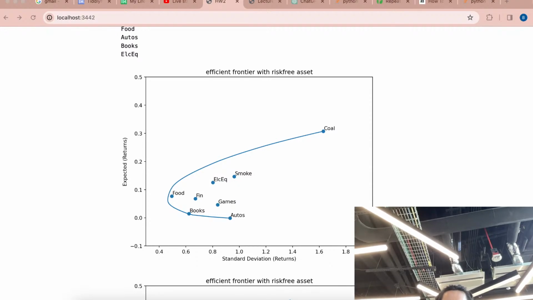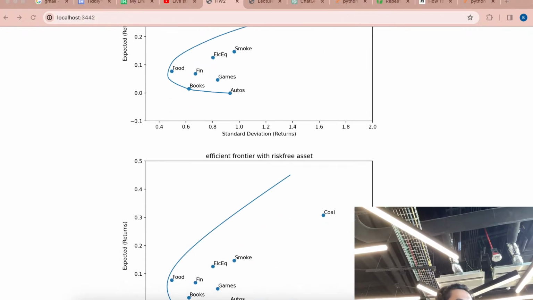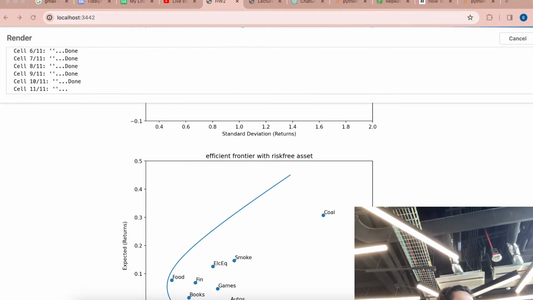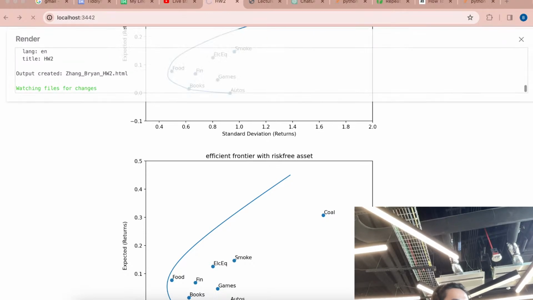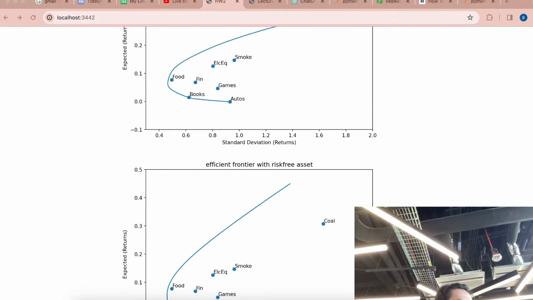So 0, 2. Zero, 3, -1, 2. Okay. Return limits 1, 0.